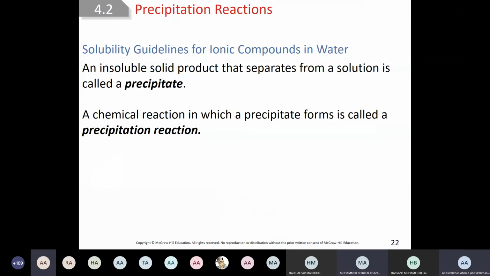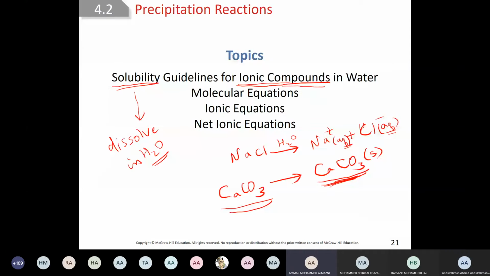Doctor, the second compound is not electrolyte? Let me ask you a question. CaCO3, is it electrolyte or non-electrolyte?